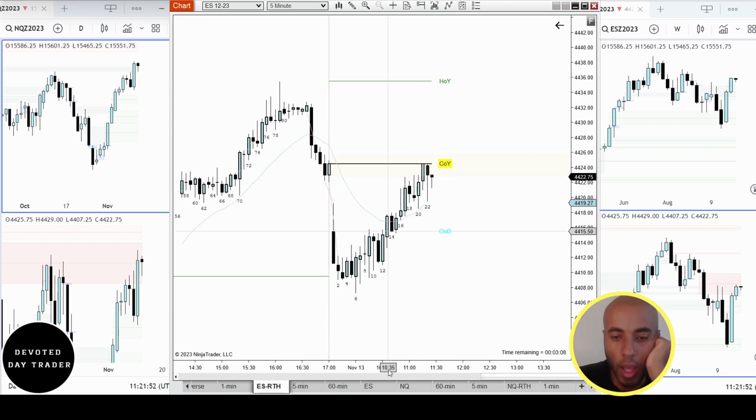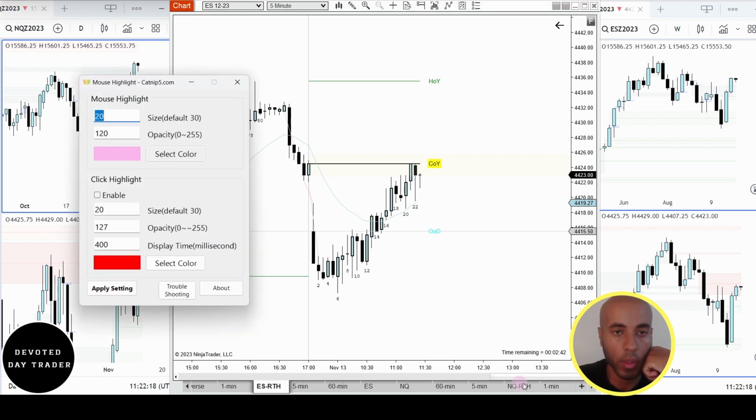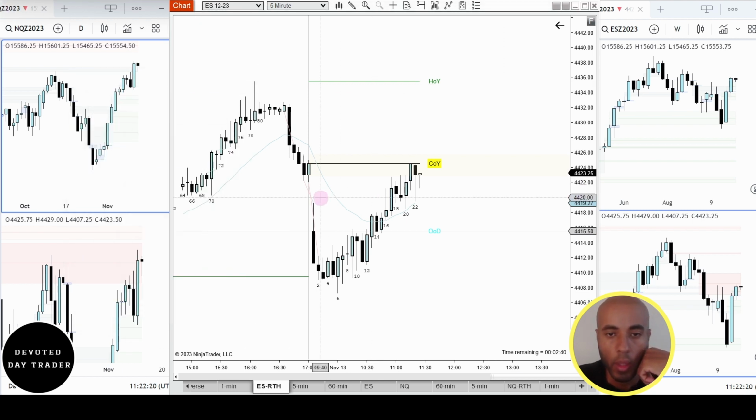In addition, I like that the gap above 1 so far has remained open. So what does it mean? There is no candle that has closed below the high of 1. So let me turn on this thing. This is candle or bar 1.